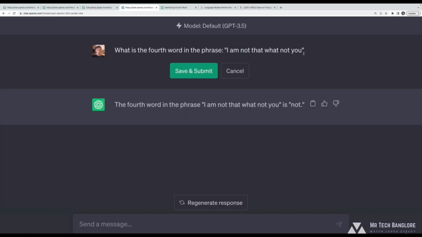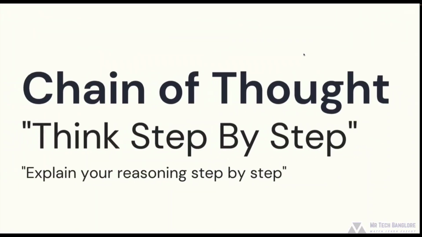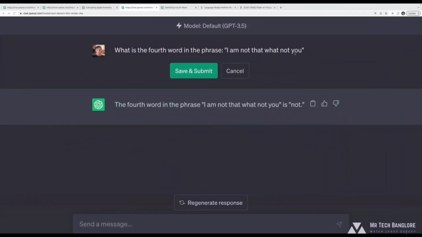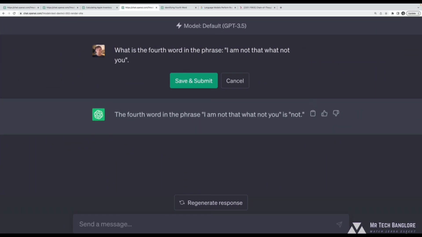So what I can do is simply add think step by step, explain your reasoning step by step, show me a chain of thought, and that should be enough to change the output and not only give me the right answer, but give me an explanation. So I'll just say think step by step.